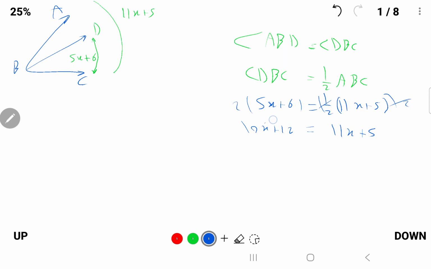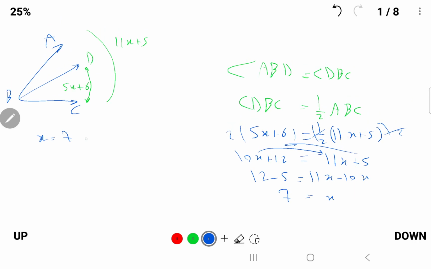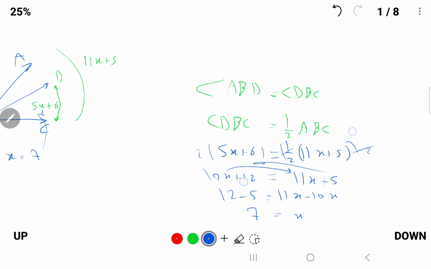Now we take 10x from the left to the right and 5 from the right to the left. So we get 12 minus 5 is equal to 11x minus 10x. So x is equal to 7. Now we replace x in angle DBC.